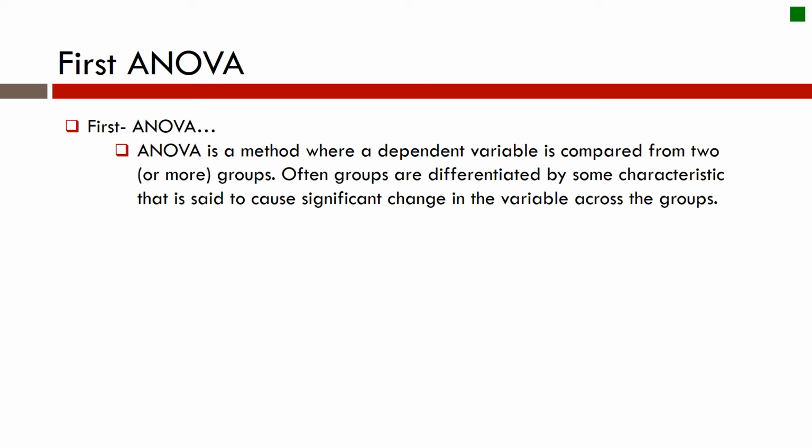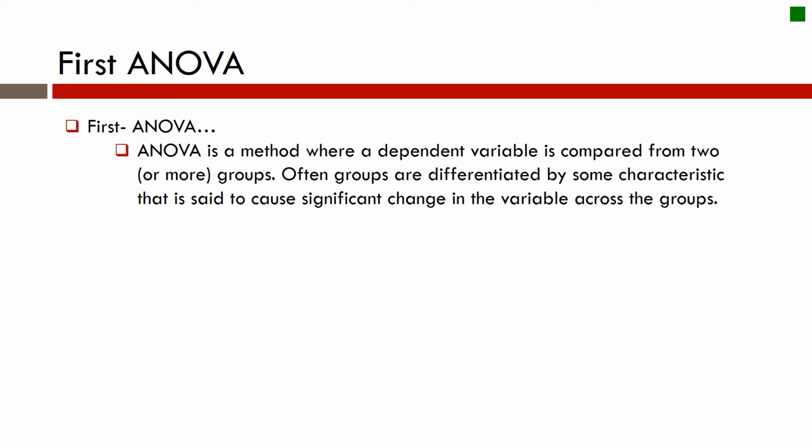So first, let's spend just a couple minutes reviewing ANOVA, because MANOVA is an extension of ANOVA, an analysis of variance, which we use when we want to compare two independent groups and determine whether they are different from each other based on some variable, and whether that variable is something that each group would respond differently to.